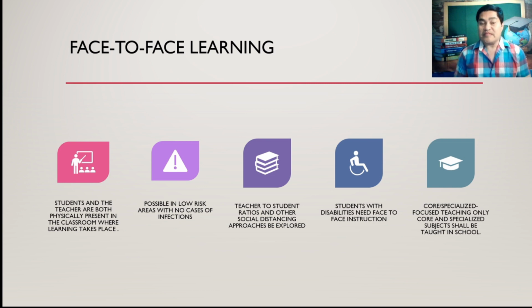I guess this is good for students with disabilities. And when it comes to implementation, we need only offer core or specialized focus teaching; only the core and specialized subjects must be taught in school.